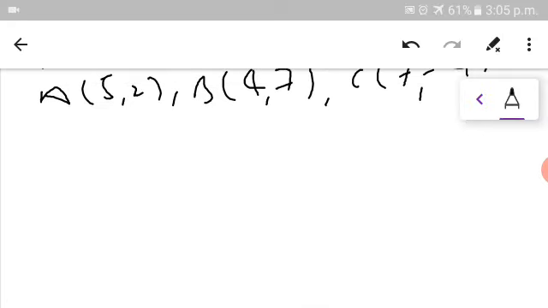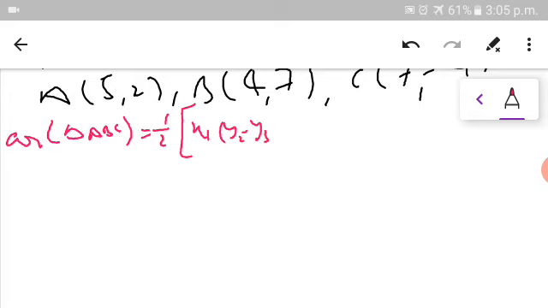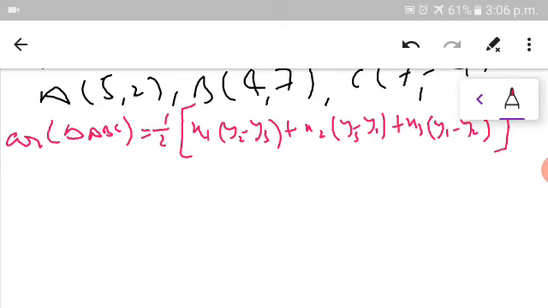First of all, we are going to write our formula to find the area of triangle. As we know, area of triangle ABC equals 1 by 2 x1 y2 minus y3 plus x2 y3 minus y1 plus x3 y1 minus y2, isn't it?